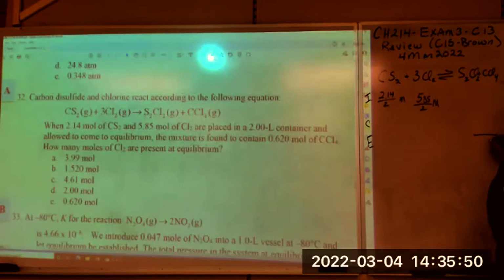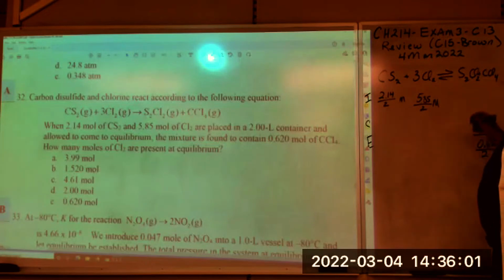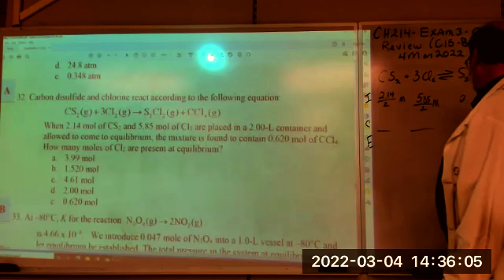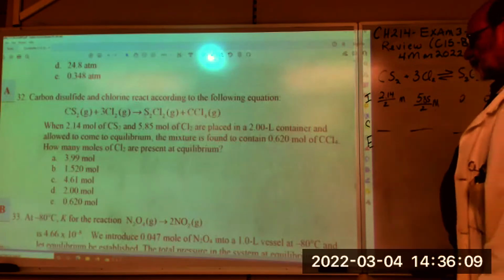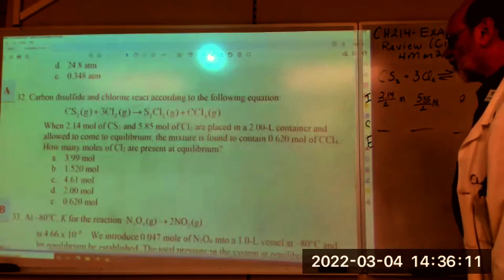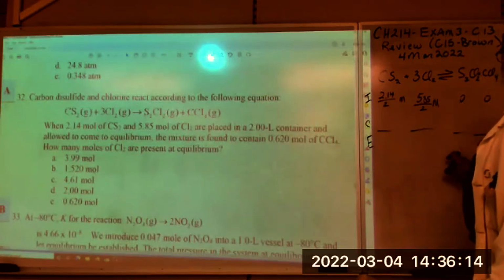So down here we have 0.620 divided by 2, still in a 2-liter container. Okay, so these are 0 to start with. Here we go. And the question: how many moles of chlorine are present at equilibrium?